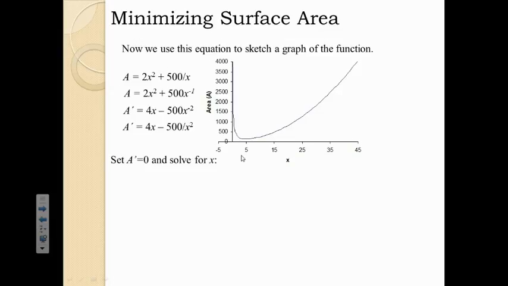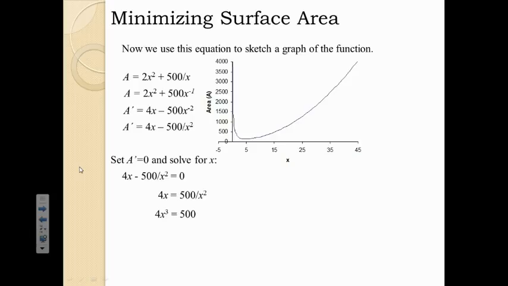Now we can set this equal to 0 and solve for x. And when we do that, we step it through, and now we're going to divide by 4. Remember, this is 500 over x squared, so the x squared would be down here if we wrote it in the normal way, and we would multiply x squared by x to get x cubed. So we get 4x cubed equals 500.